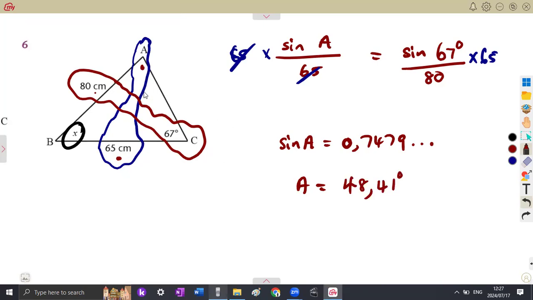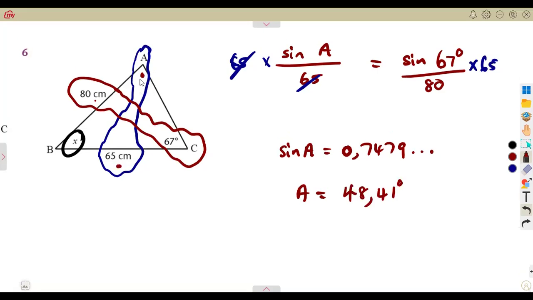So this is the A that we are calculating on this part, and we need the x that is going to remain. So it's true that you are actually calculating the angle in that case, but it is not the one that we are to focus on.